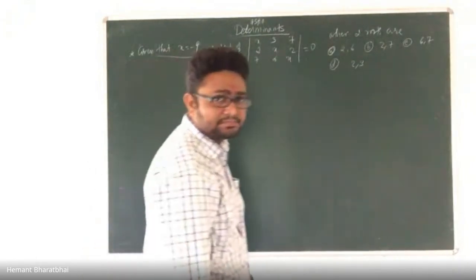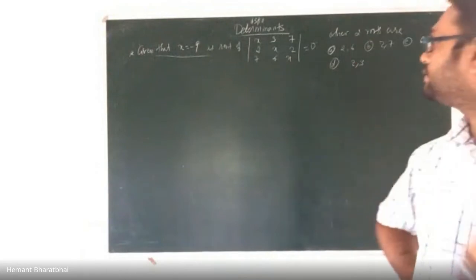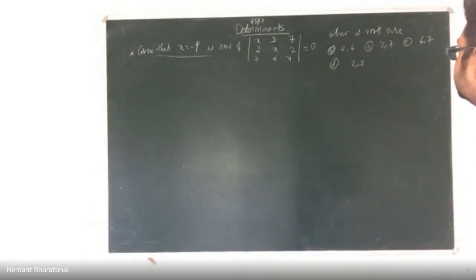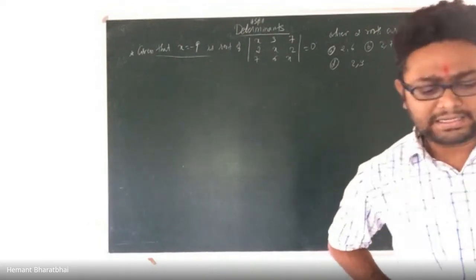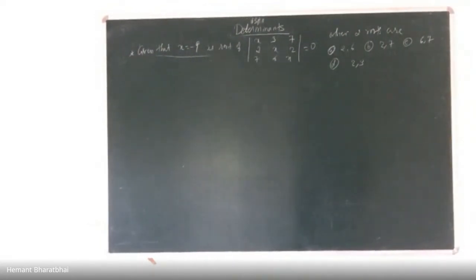Obviously when you solve this determinant, you may get a quadratic or a cubic equation. Try it and let me know which is the answer, option A, B, C or D. It is a simple numerical. We have done a lot of complex numericals today, so you can try this simple one.